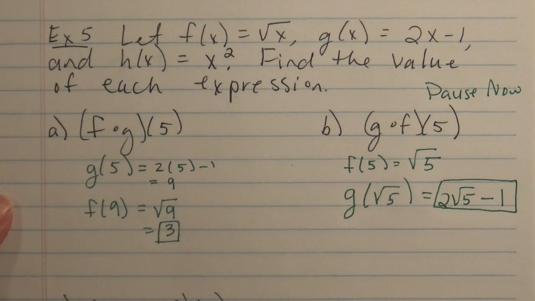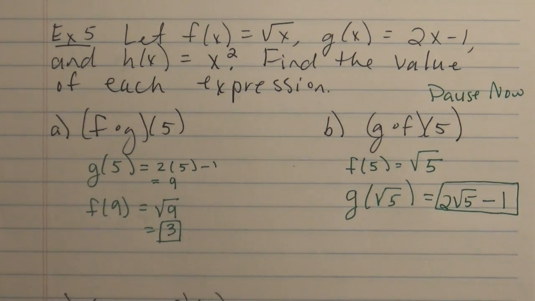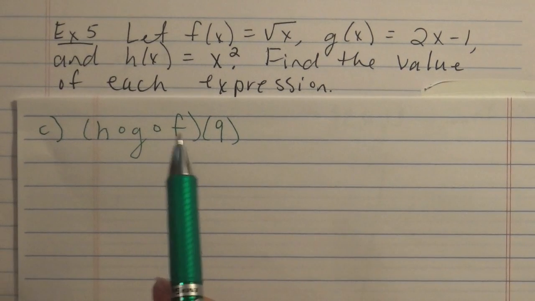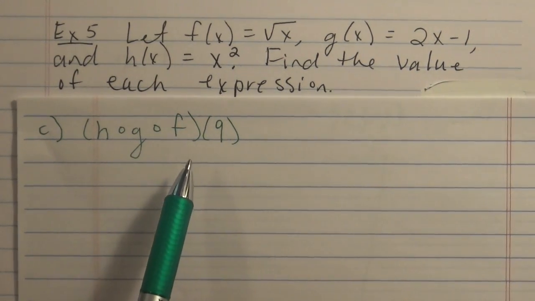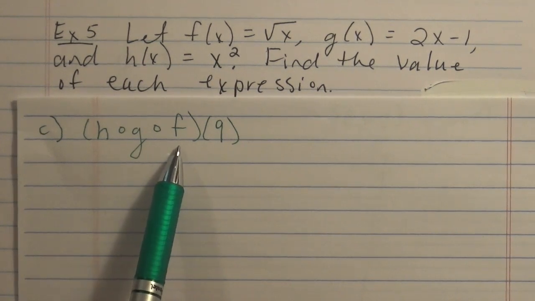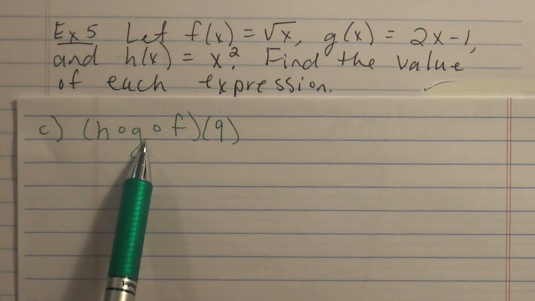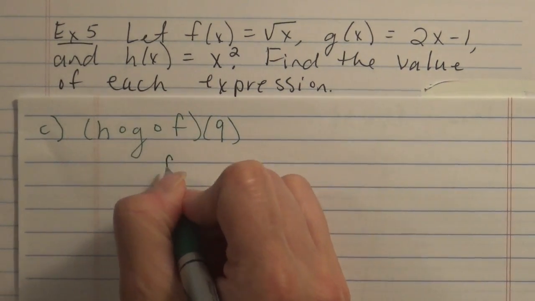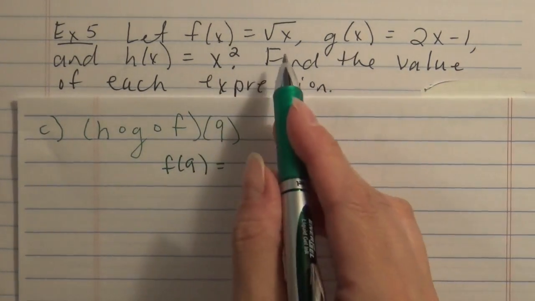Alright, in part C, I'm going to pause for a second and get this organized. Part C, we're going to find h composite g composite f of 9. So again, we're always going to begin on the right and gradually move to the left. So we start by finding f of 9. Alright, f of 9 we've already found to be 3.